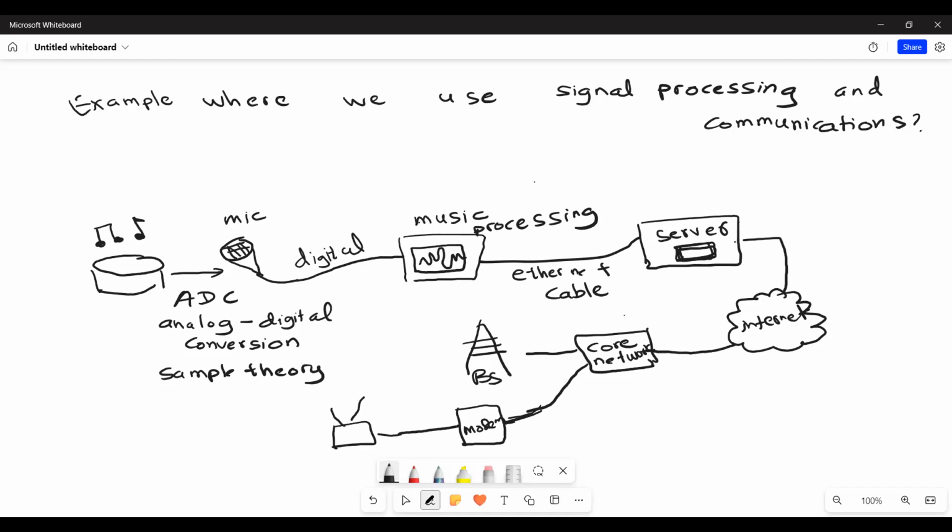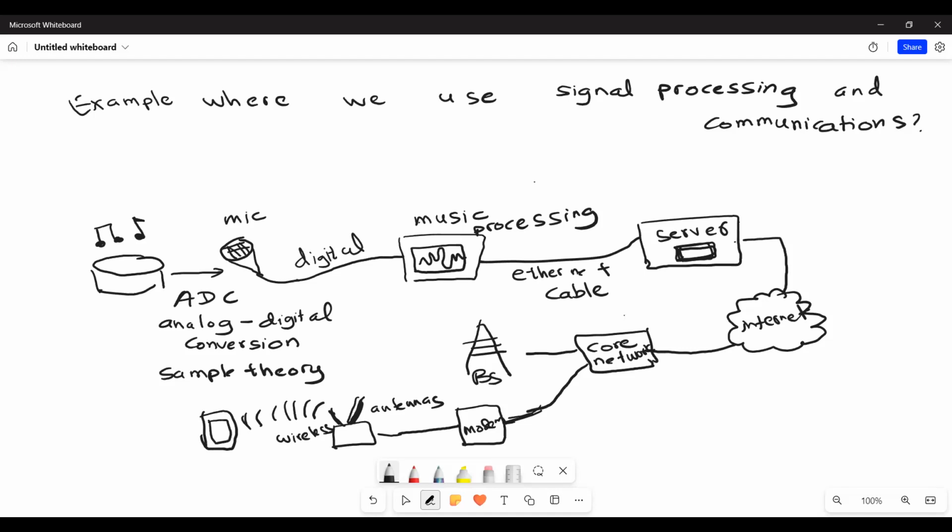The Wi-Fi router will have some antennas, and those antennas will propagate the data using wireless media to the end device which is receiving that data.